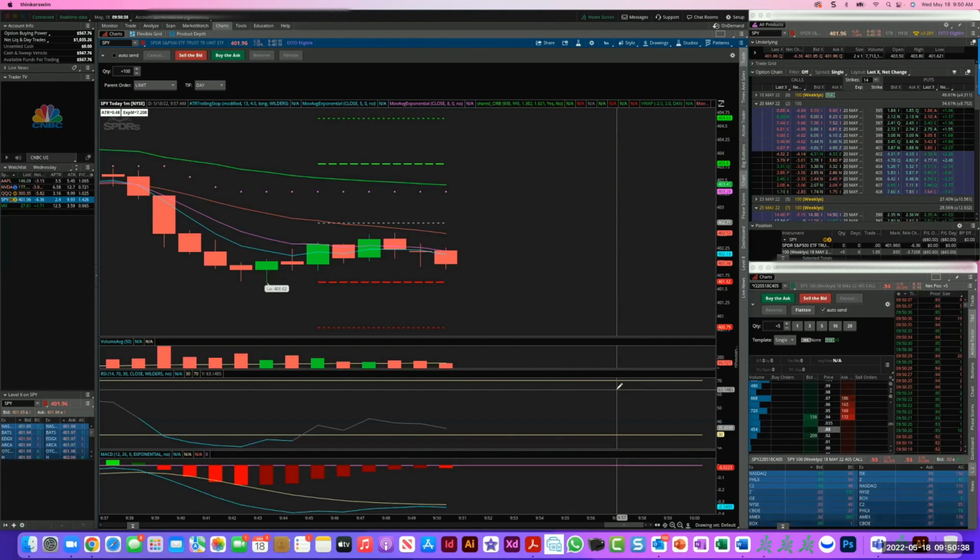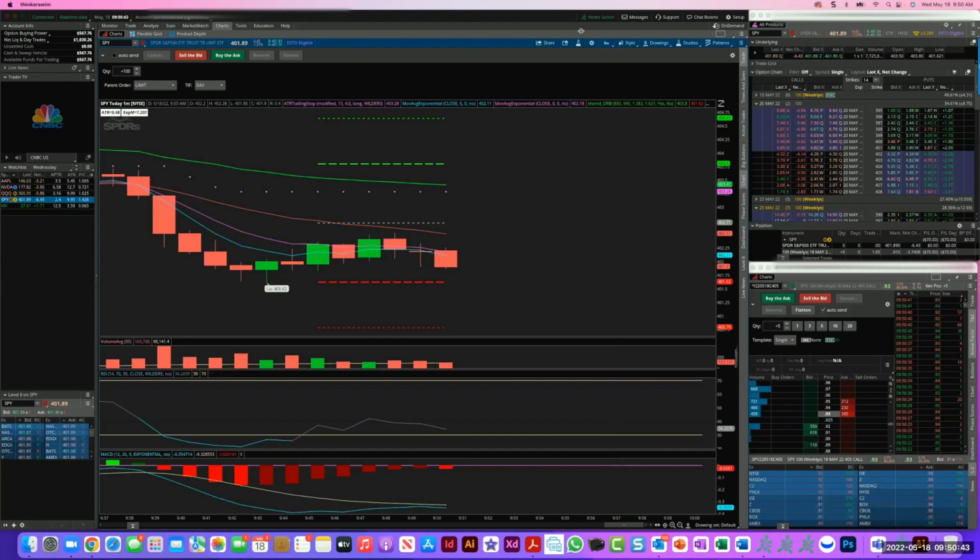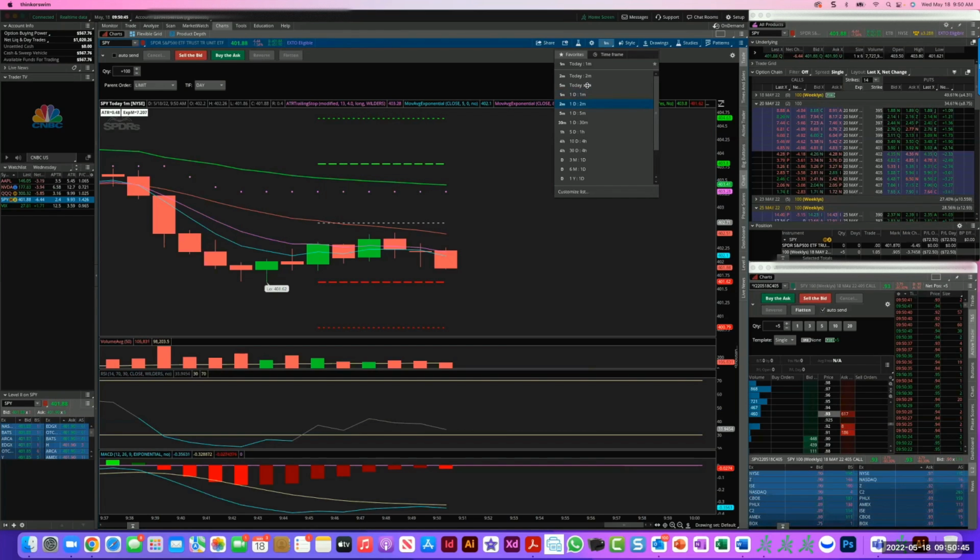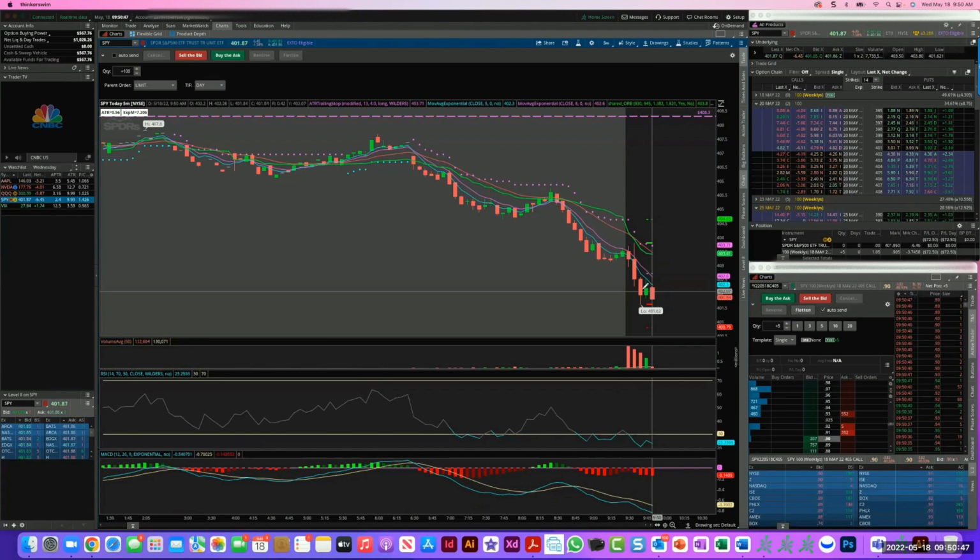So we're going to just watch this consolidation really, which is what's happening right now. If I show you on a 5-minute chart, you'll see this is a consolidation of the SPY. It does have this 5-day EMA that it's struggling with and it will have trouble with.